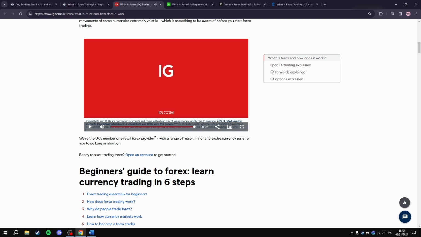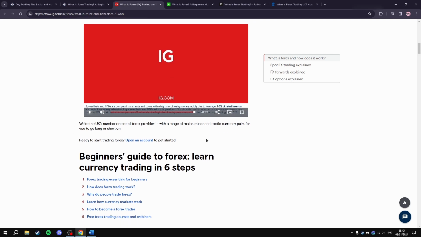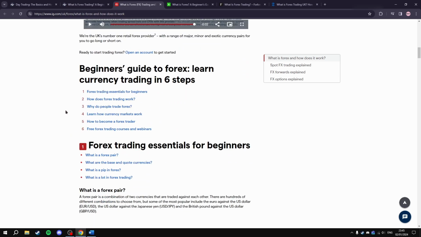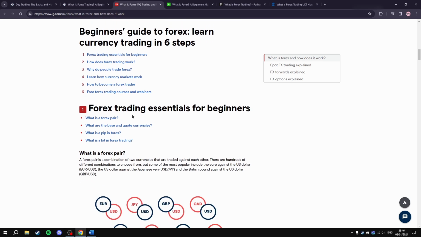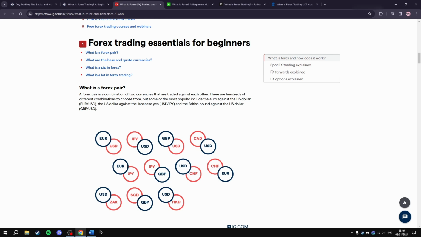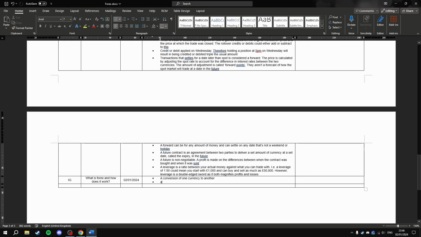Okay. Learn currency trading in 6 steps. A forex pair, right? This is the juicy stuff. What is a forex pair? A forex pair is a combination of two currencies.